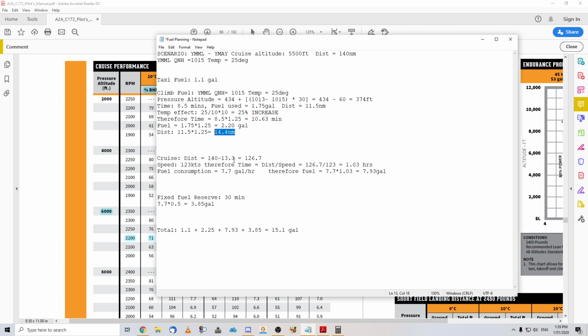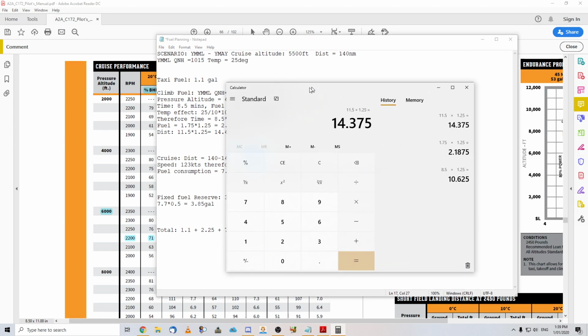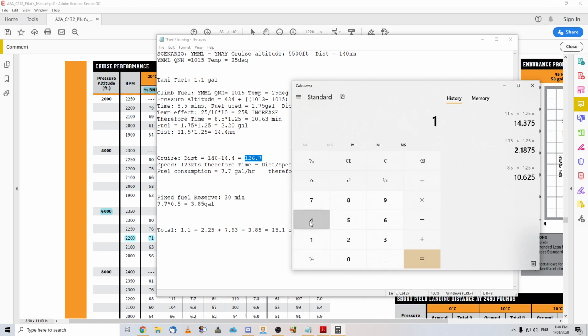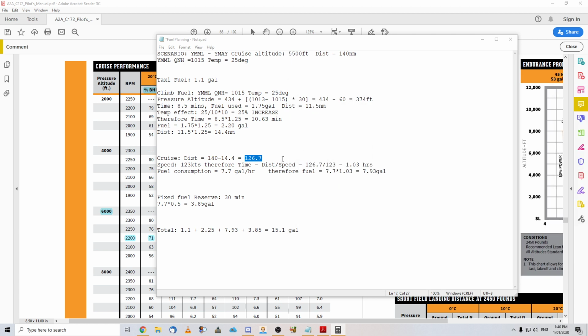So for your cruise, you're going to be using 140 subtract 14.4 equals 125.6. Okay, 125.6 nautical miles.